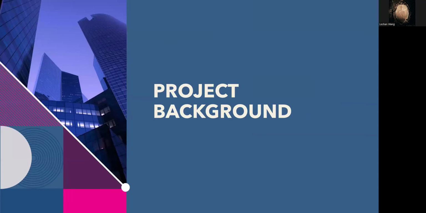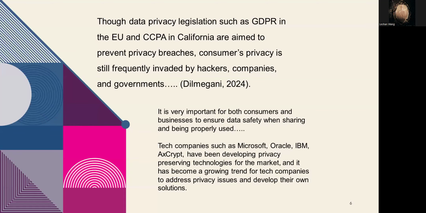Okay, so the first section is project background. Although data privacy legislations across the globe aim to prevent privacy breaches, consumers' privacy is still frequently invaded by hackers, companies, and even governments. Therefore, it is very important for both consumers and businesses to ensure data safety when data are being shared and properly used.